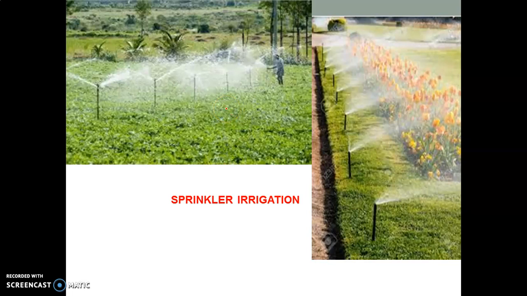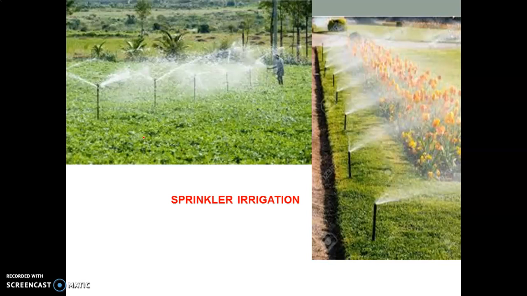Now the advantage is that in sprinkler irrigation methods there is uniform distribution of water throughout the field. Okay, and there is very little wastage of water in transportation as the water is transported through pipes.